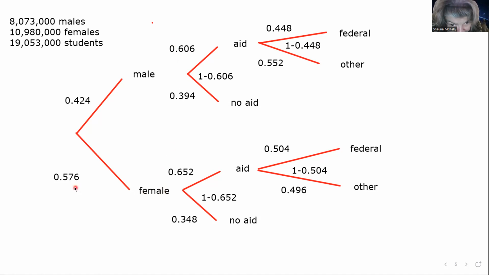So 0.576 and 0.652. So we're going to have to take the sum of those two numbers. All right, so this is going to look like this.